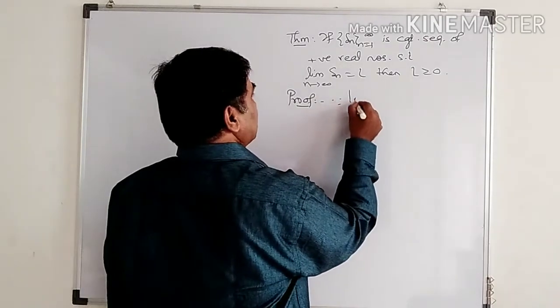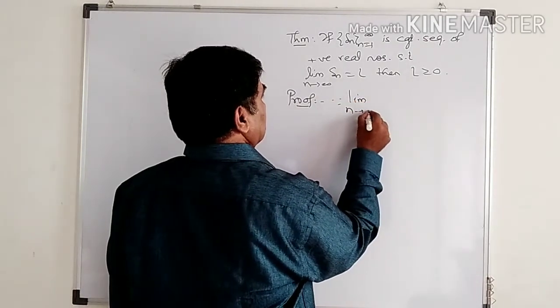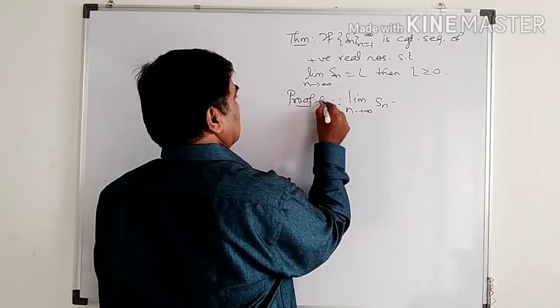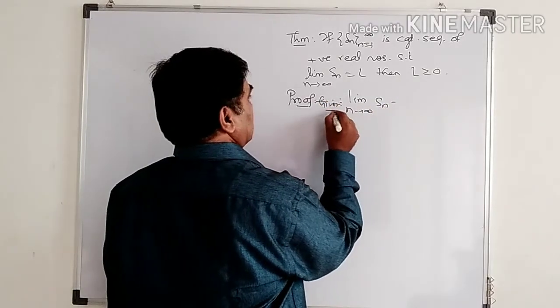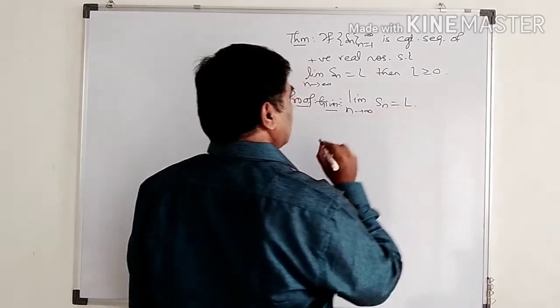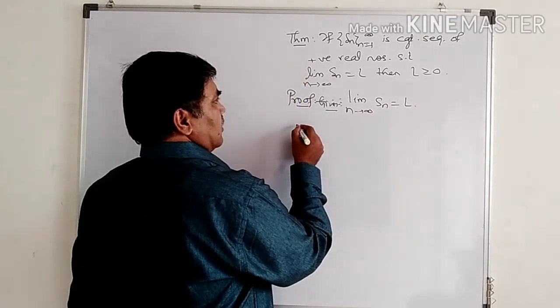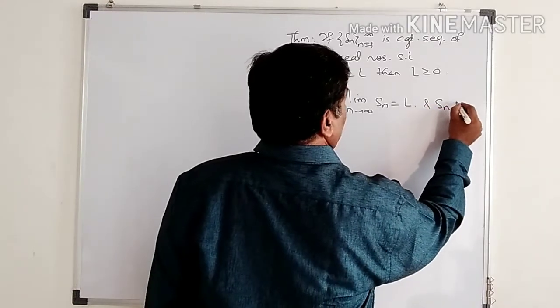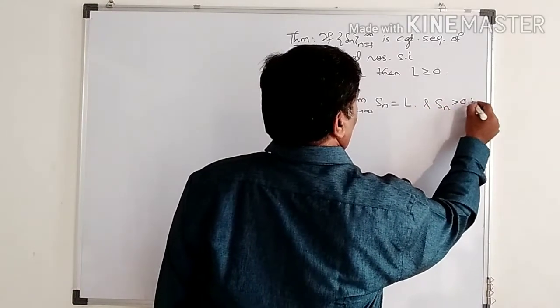Since limit of Sn is given, limit of Sn is equal to L and Sn's are greater than 0 for all n.